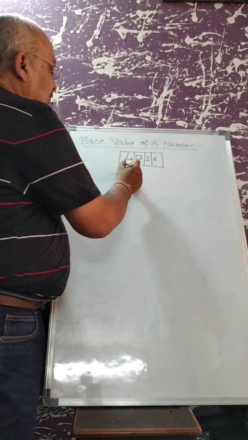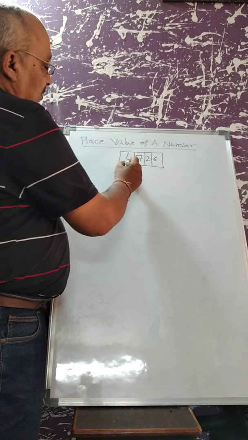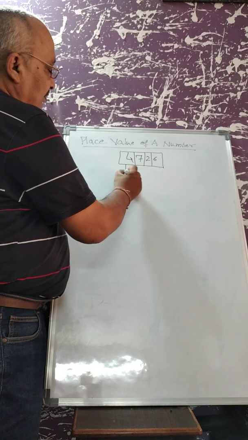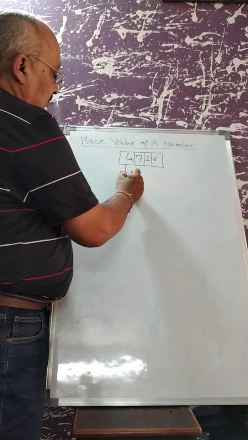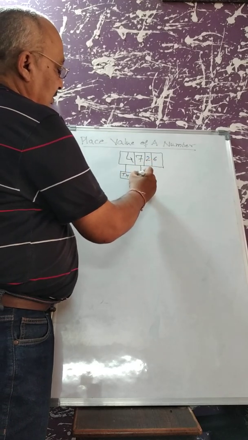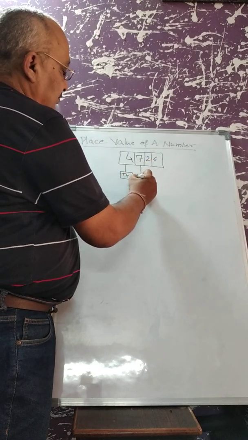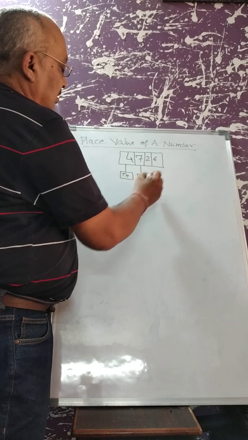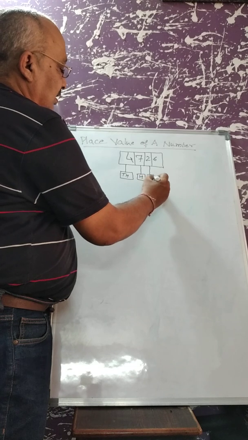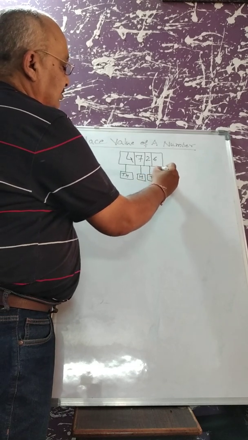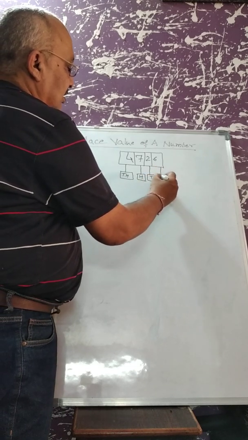What we have found over here is 4 is at the place of 1000, 7 is at the place of 100, 2 is at the place of 10, and 6 is at the place of ones.